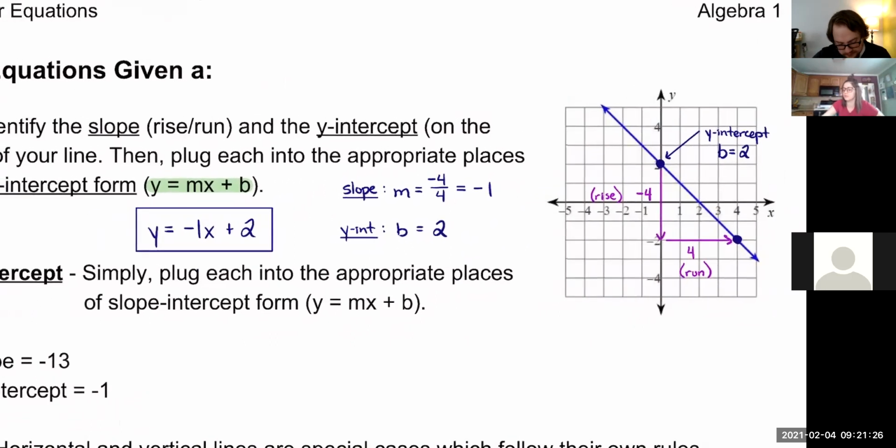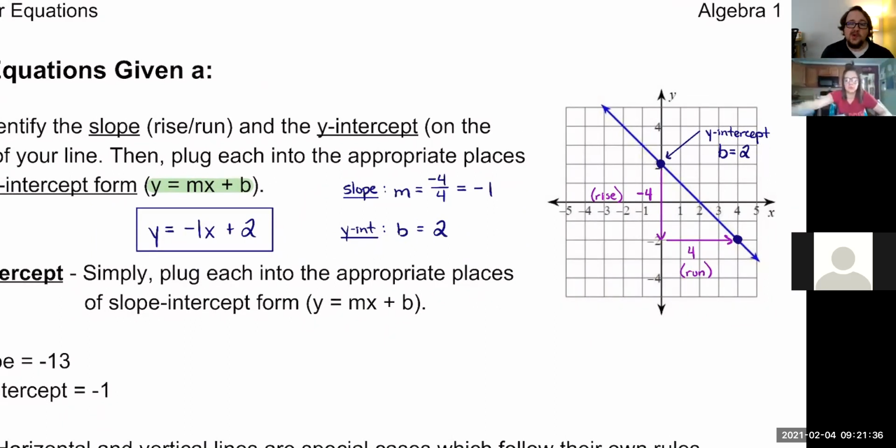So, not too bad, so long as you can be careful, identify your pieces, count your slope out. I would say if anything would go wrong here, it would probably be a sign issue. Accidentally forgetting a negative, if you went down or went to the left in your rise over run.